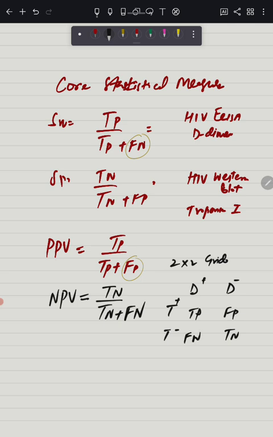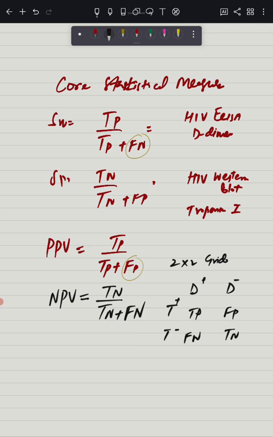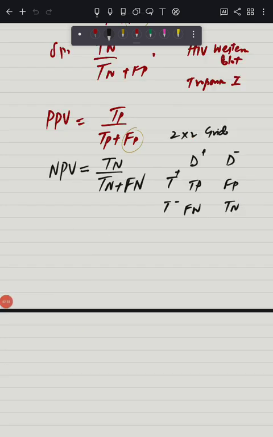And now clinical pearls. If you want to rule out a disease, that means you are screening for a disease, you should prefer a test with high sensitivity, that is a test which has few false negatives.